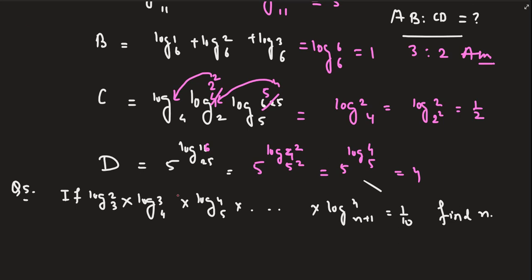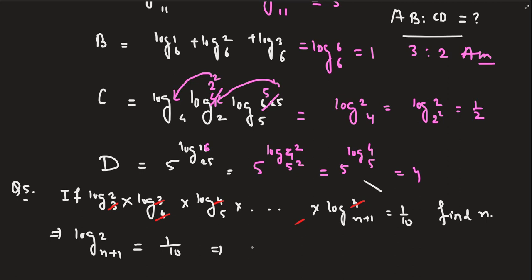So here we do one thing: cancel out this. So this n also cancels out with the n of the just preceding term. So what we have is log of 2 base n plus 1, which is equal to 1 by 10.